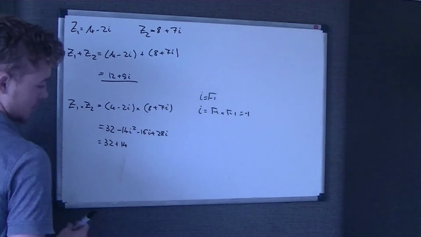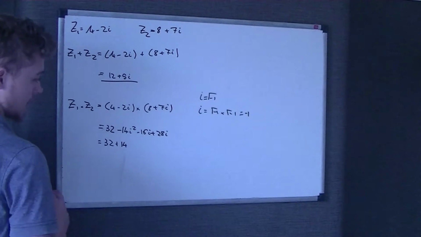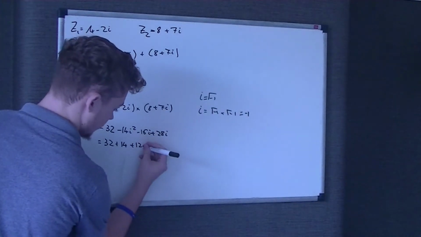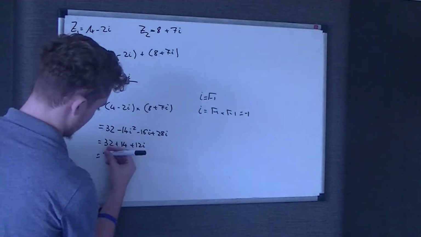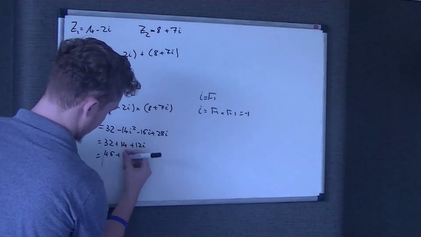Then minus 16i plus 28i, if we add them together, we get plus 12i. So if we simplify this down again, that gets us 46 plus 12i.